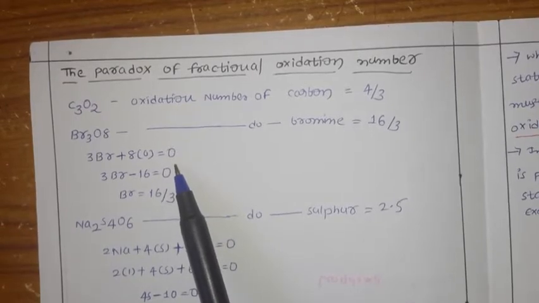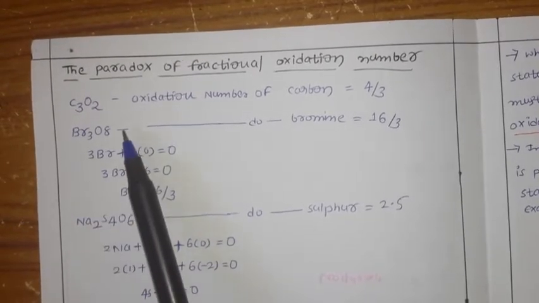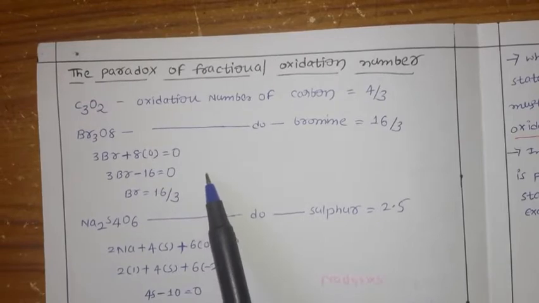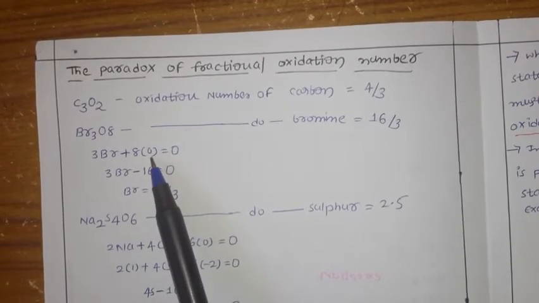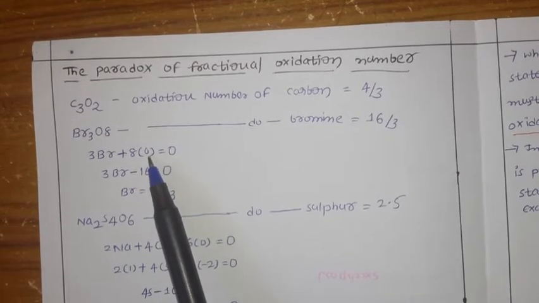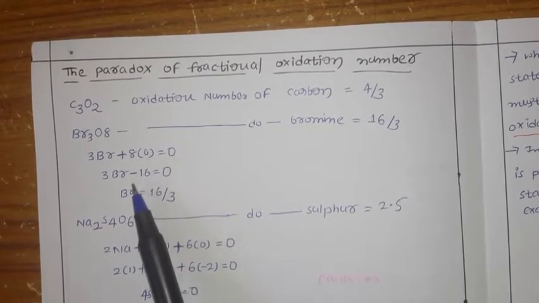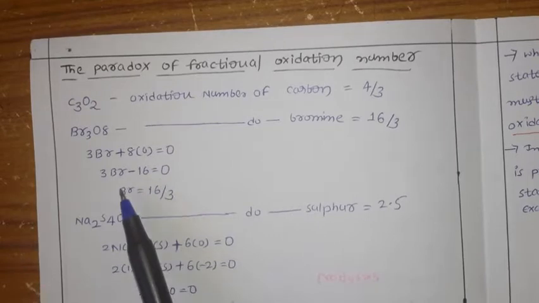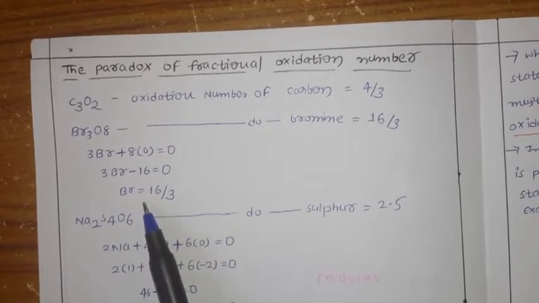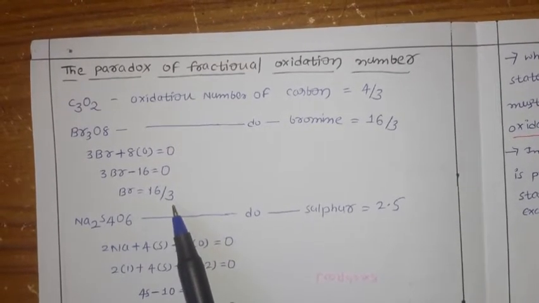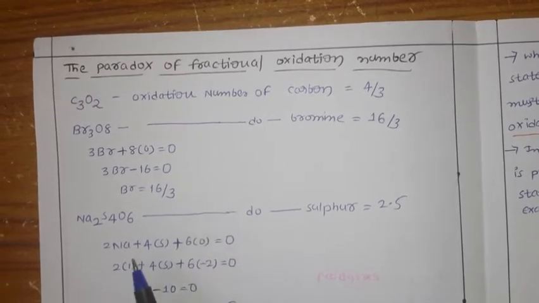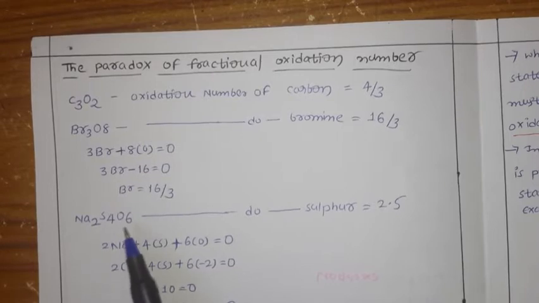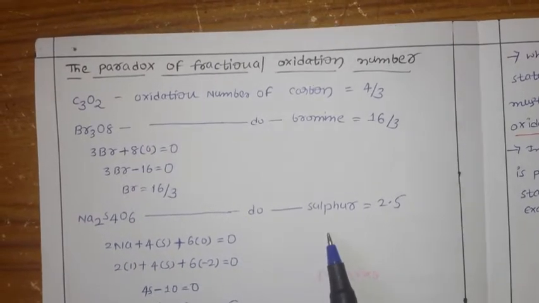Already we have the rule that for a neutral molecule, the sum of the oxidation numbers should be equal to 0. Oxygen's oxidation number is -2, so 8 into -2 means -16. On simplification, the bromine oxidation number is 16/3, a fractional oxidation number.